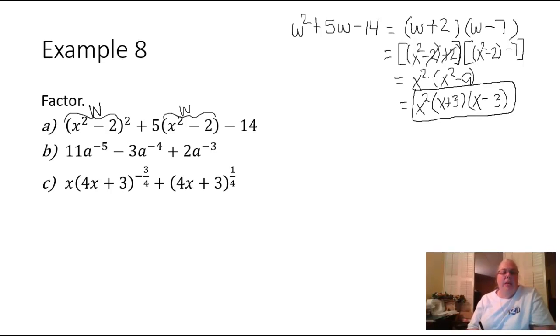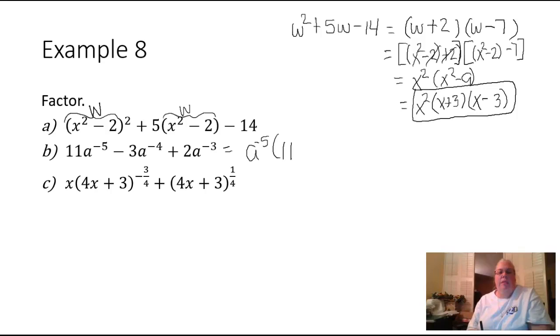Now for part B, I'm actually going to factor out the greatest common factor, and it looks like all of these have an a to the negative 5 in common. All right, so we bring that a to the negative 5 out front.